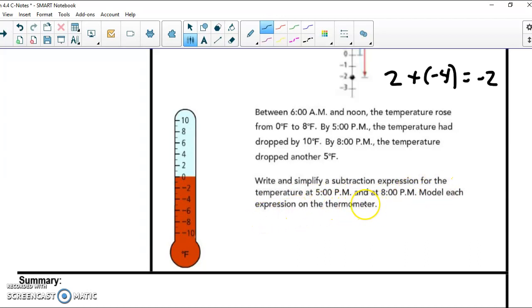So let's look first at writing a subtraction expression for the temperature at 5. So we know that from 6 a.m. to noon, the temperature rose from 0 to 8 degrees Fahrenheit. So I'm really starting here at 8.